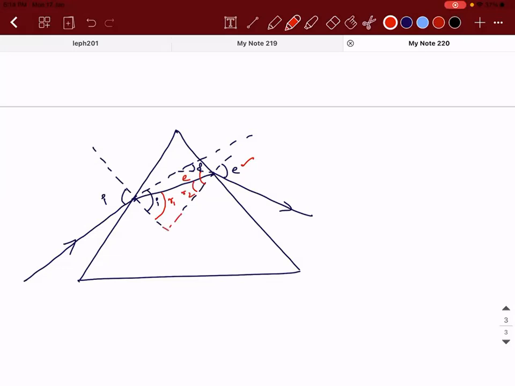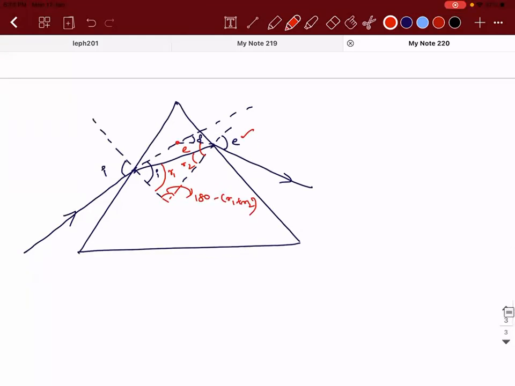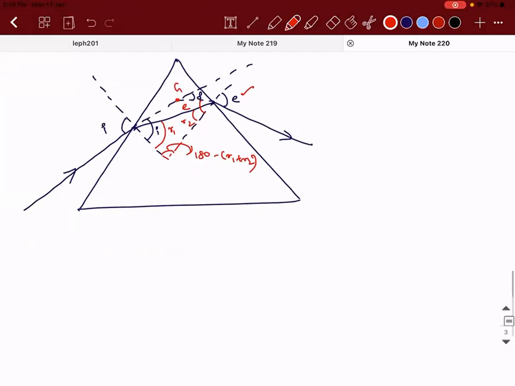If I join them together, we know that this angle is 180 minus (R1 plus R2). Now, if I take this point as G, and this point is already D, and this point is E, then the triangle GDE is going to be something like this.